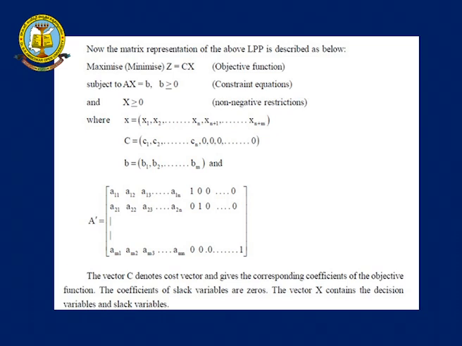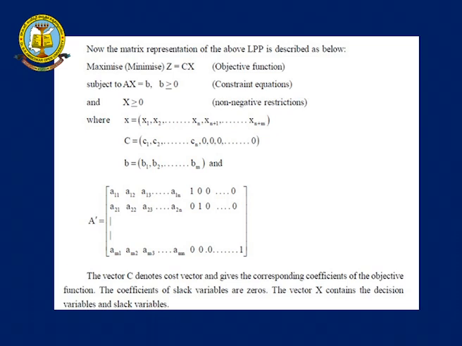And A is the coefficient matrix. Here, how many constraints do we have? 1, 2, 3, 4 up to m constraints. So we have to prepare the coefficient matrix for all these m constraints. That is, matrix A has first row a11, a12, a13 up to a1n; second constraint a21, a22 up to a2n; like that up to the mth constraint am1, am2 up to amn.